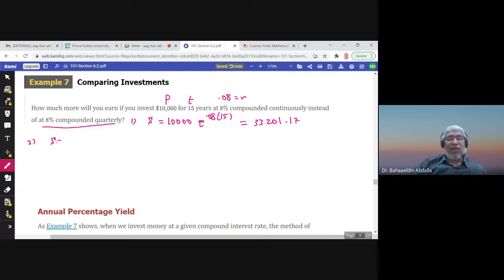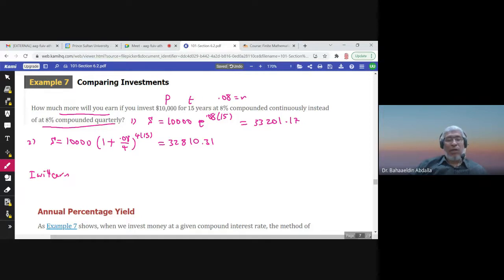This means that the future value in this case would be 10,000 times 1 plus I, which is R over M, 0.08 over 4, quarterly, to the power N, which is 4 times T. So in this case, multiply the 10,000 times 1 plus 0.08 over 4 raised to the power 4 times 15, or 60. And the answer would be 32,810.31.